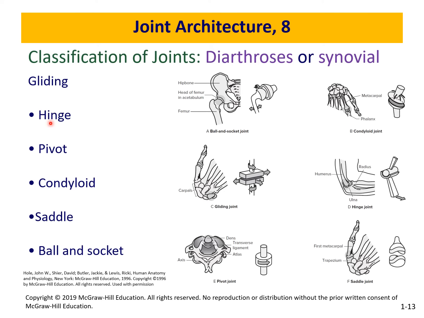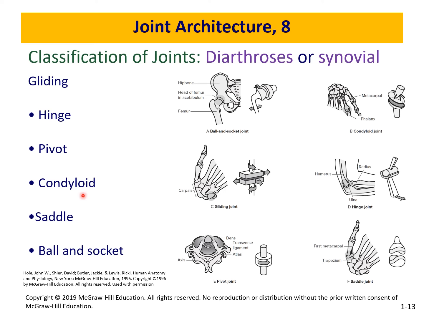And then you have the hinge, and the hinge is the elbow, right? It's like a hinge that you go inside the elbow. Then you have the pivot, like in the vertebrae, they pivot in the sagittal plane, right? That's what they do, like this.